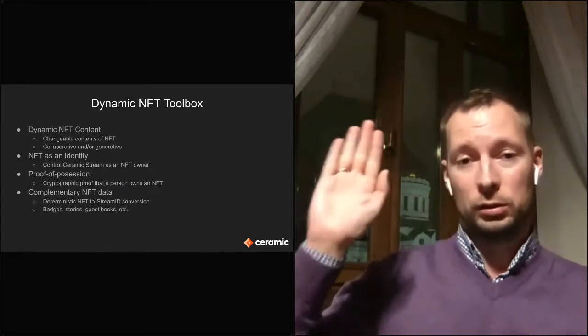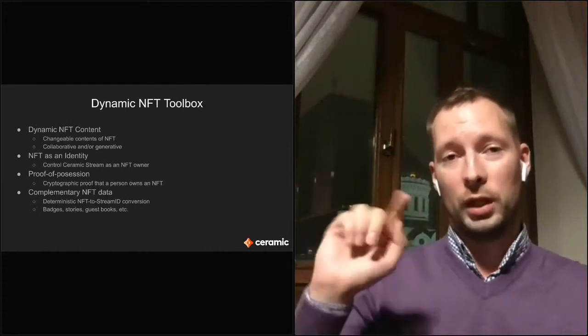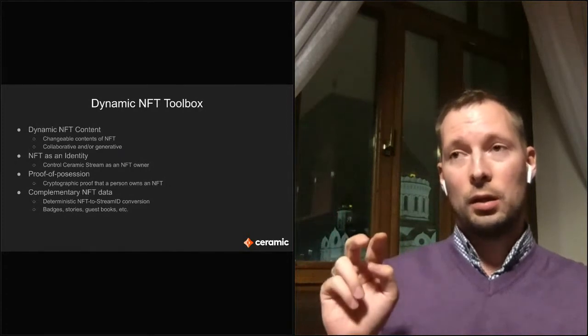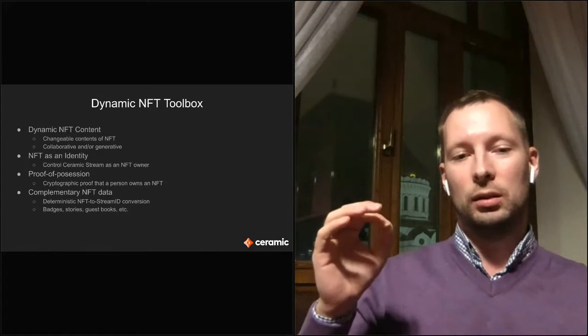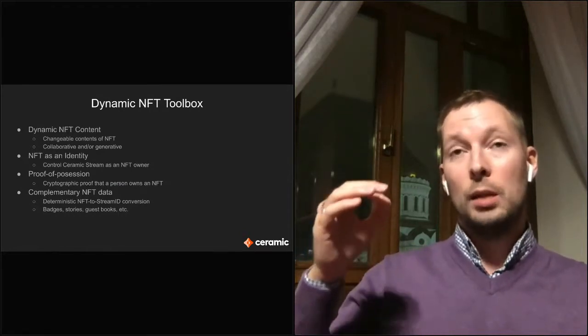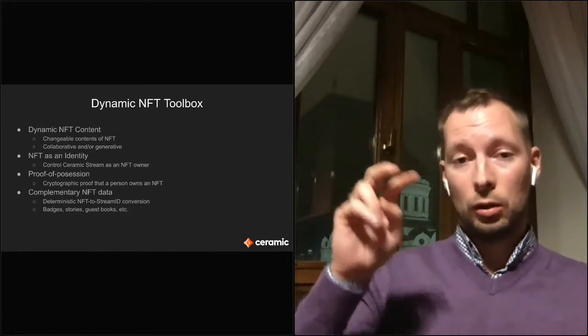It lives just aside, but you can go back and forth and link these two sets of data. Another thing, you can add something like metadata, like a story around that NFT. Maybe it could be controlled by the NFT owner.